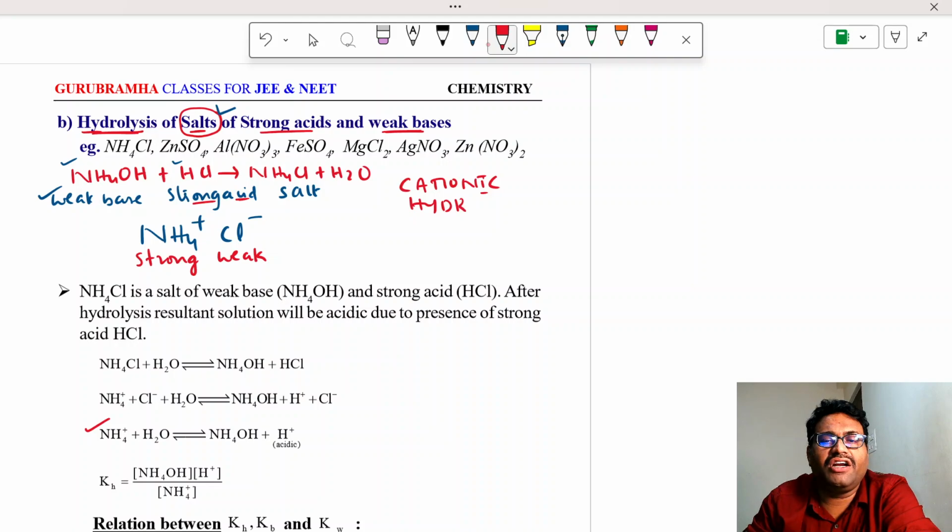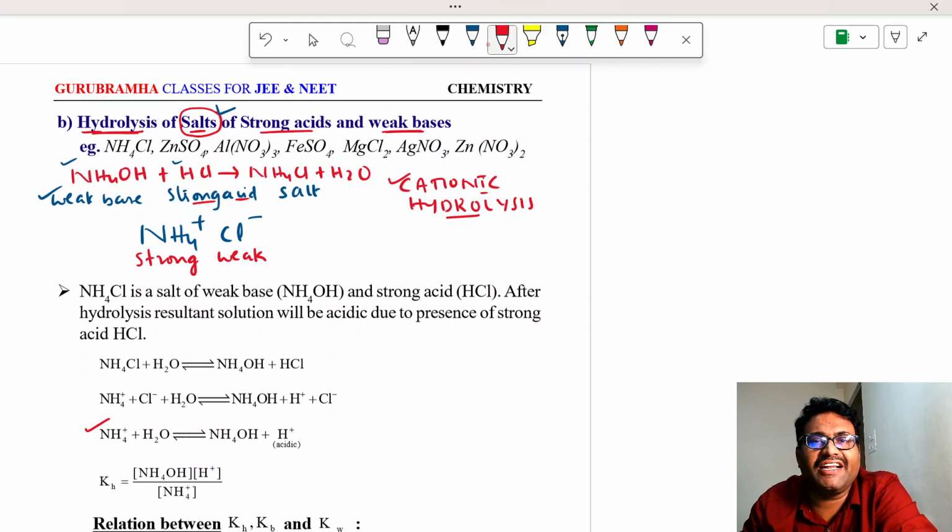Why do we call it cationic hydrolysis? Because the cation of the salt is reacting with water, resulting in an acidic solution. H+ is released, and as H+ is released, the nature of the resulting solution will be acidic.